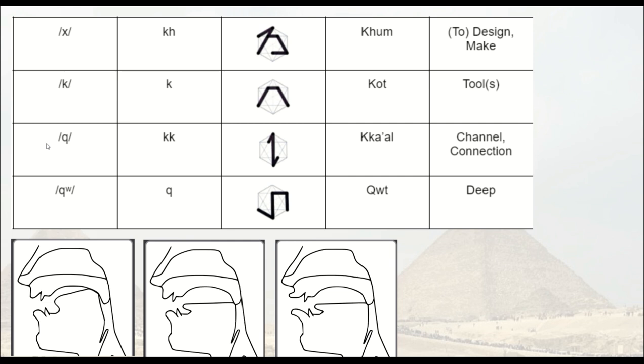Kl, for this sound you put the back of the tongue close to the back of the mouth or uvula, and this means channel or connection. And then a similar sound, kl, which means deep. To produce this sound, you simply need to round your lips and do the same as the previous sound.